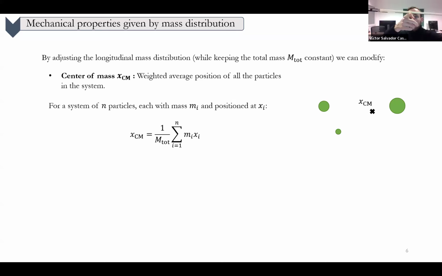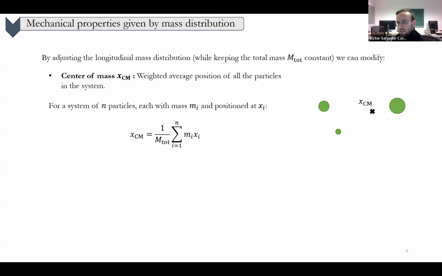It's normally the balance point where, when we hold the bow like this, it doesn't fall off. So here I give the formal definition of this center of mass position, which is the weight average position of all the particles of the system.